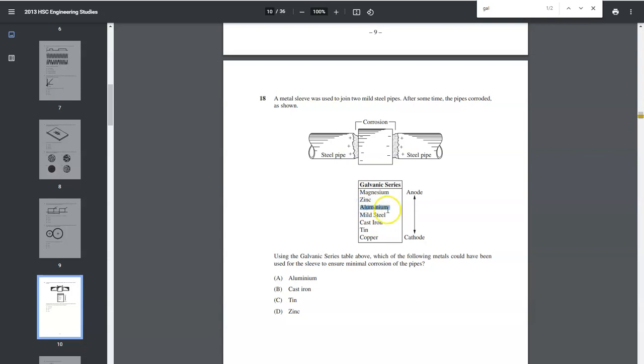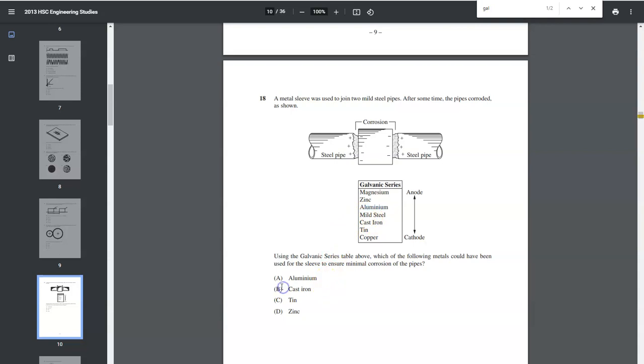We want the sleeve to corrode, so which of the following would be used for the sleeve to make sure that it corrodes? We'd use the aluminium so that the aluminium will be the thing that corrodes, not the steel, and we want to pick the one that is closest to steel. Unfortunately, the answer to this question was B.